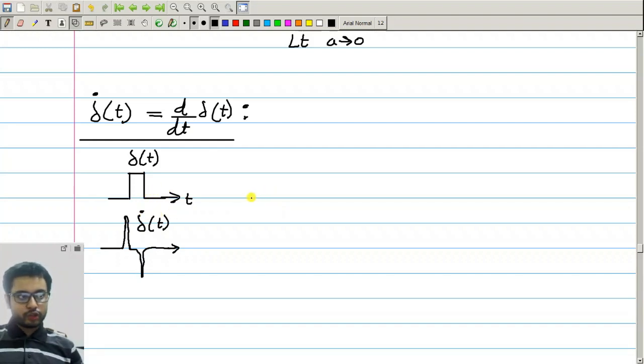You may also consider the triangular pulse with the width being very narrow.